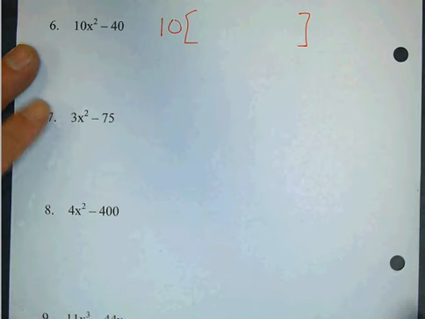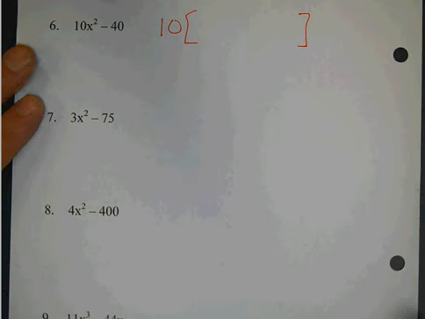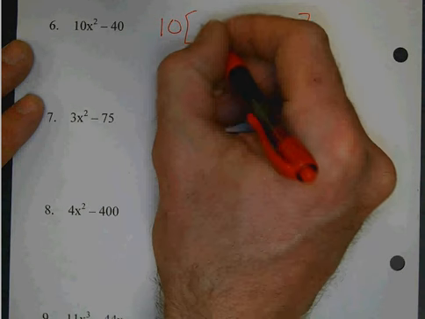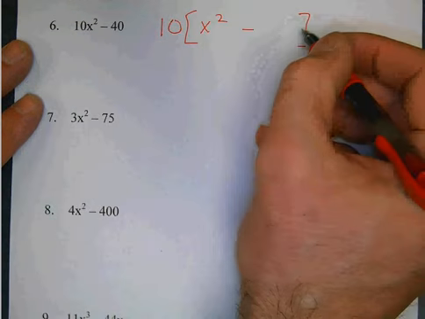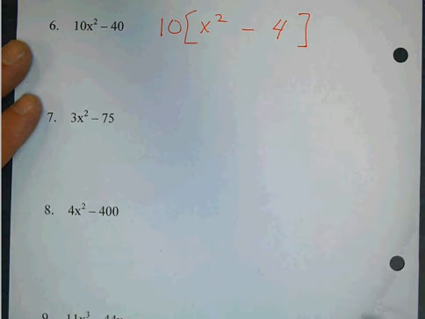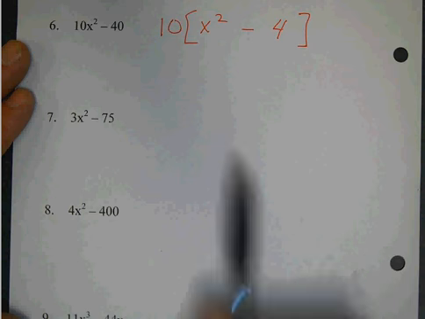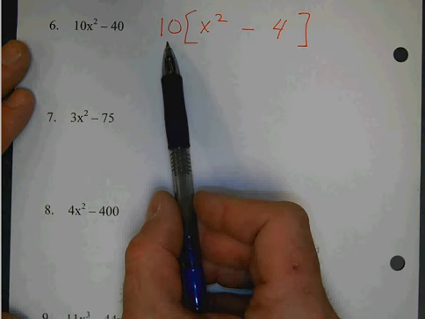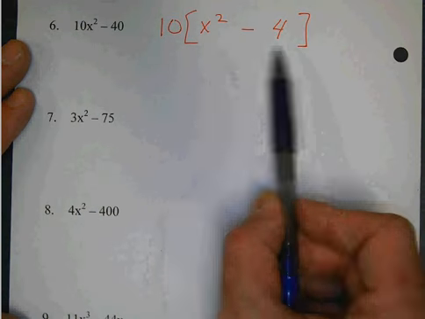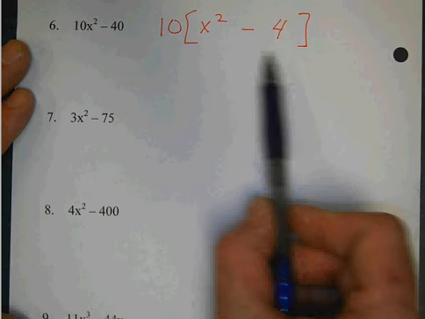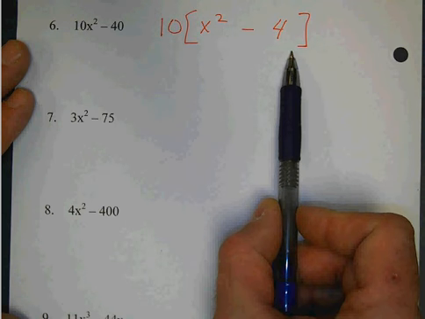What's left? X squared minus 4. Good. All right, now, forget about the 10 for right now, but don't not bring it along. Look at the inside. Does the inside fit the pattern?